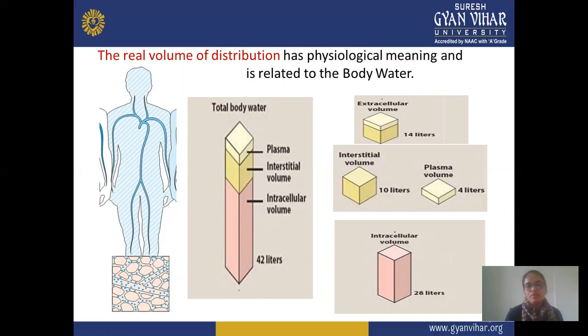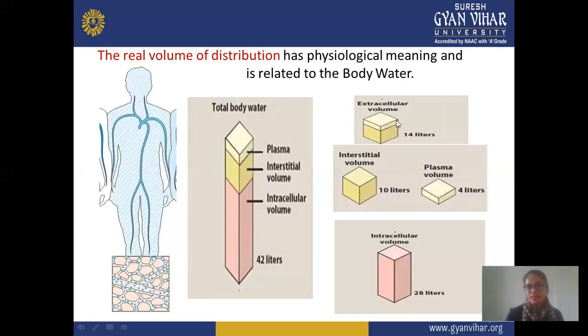It is the larger volume when you compare all the above body water; the largest is intracellular volume, or intracellular fluid. If you look at extracellular volume, it is also less compared to intracellular volume. Extracellular volume is only 14 liters, but intracellular volume is 42 liters. There's too much difference between the intracellular and extracellular volume. Next is interstitial volume, which is only 10 liters.